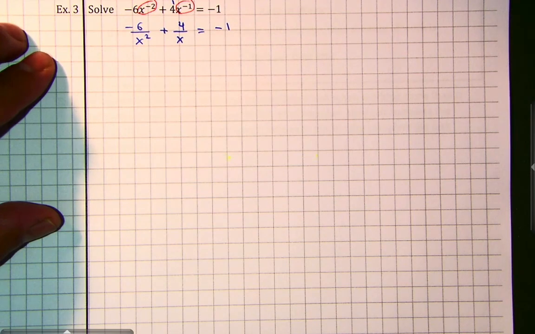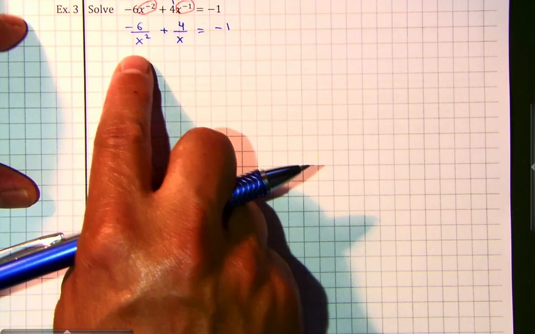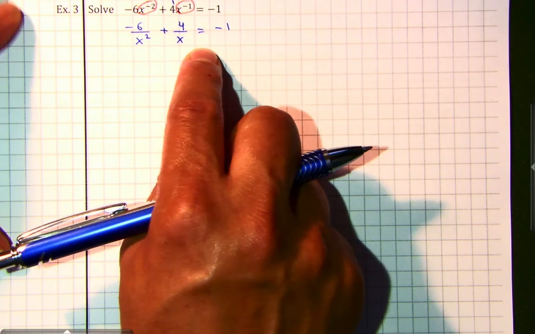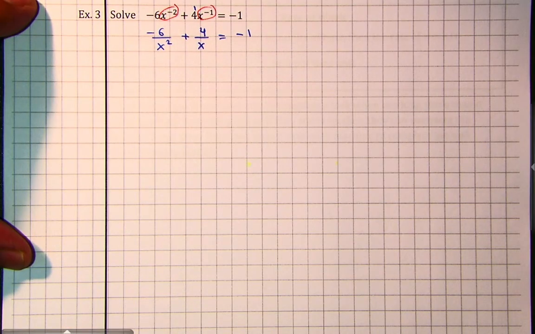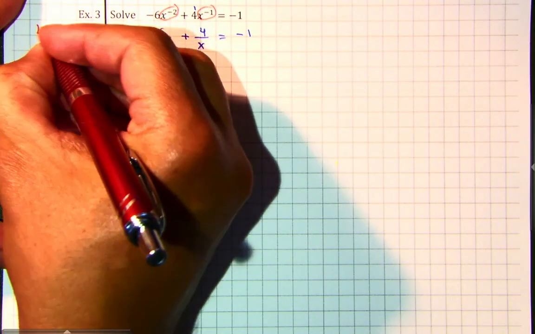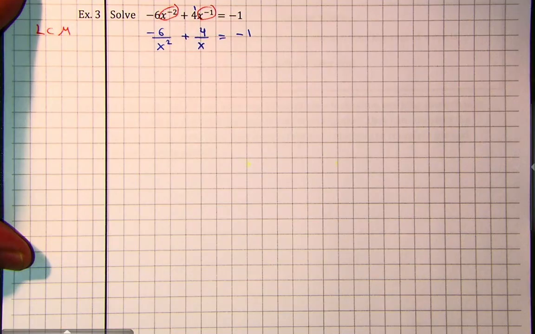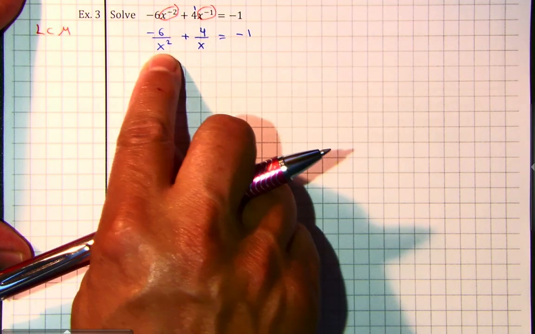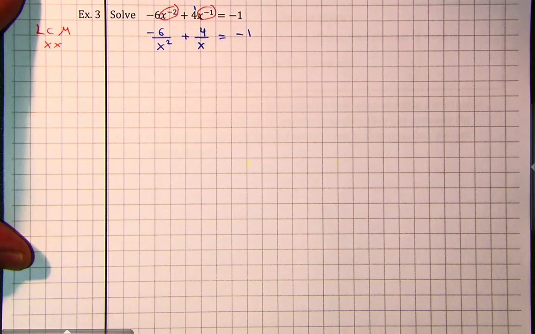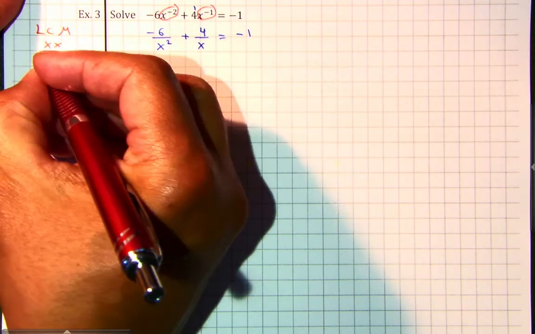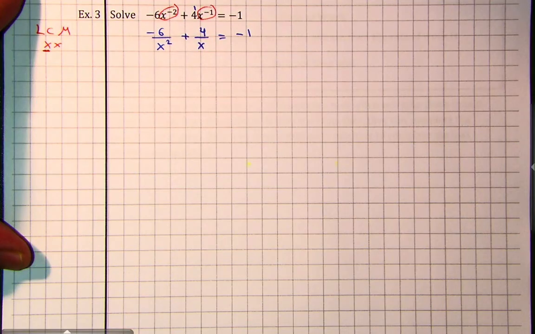And now, once again, I want to cancel my denominators. That should be your first step. So therefore, I'm going to multiply by the lowest common multiple. I want to cancel both x's, so I'm going to multiply by x times x, or x squared. I want to cancel this x, but that's going to be already canceled with the first one, correct?